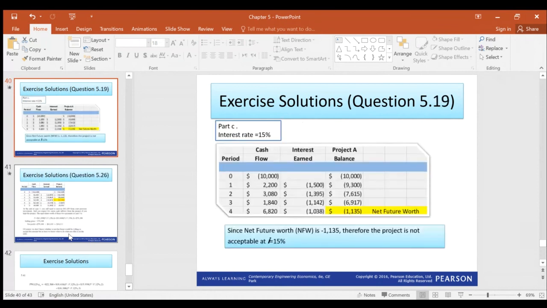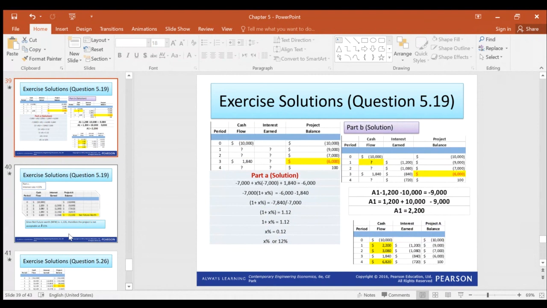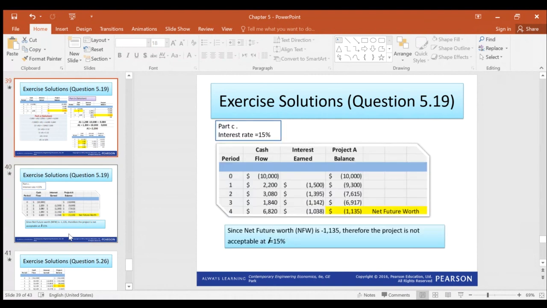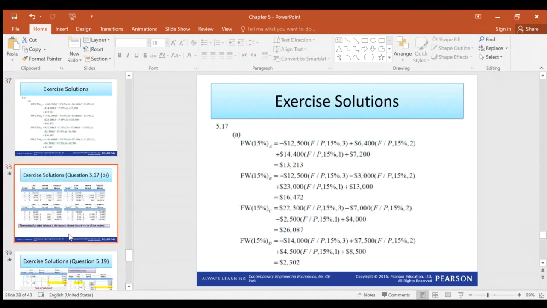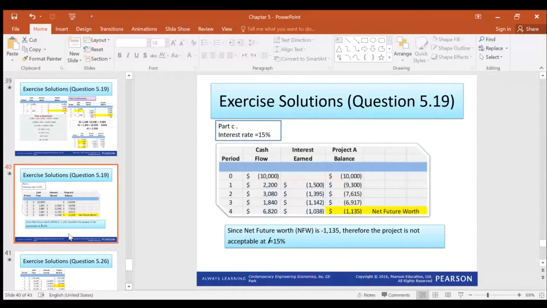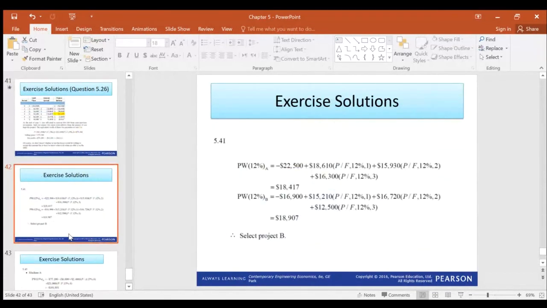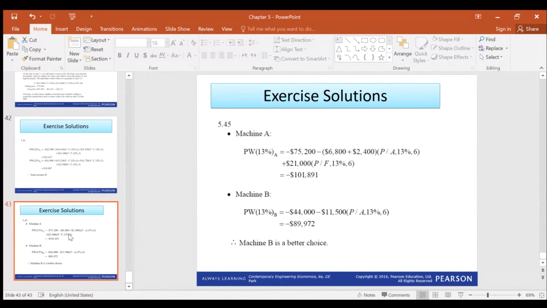It will not be in the exam, as well as this question, 19. Ignore 19 and 26. 17 we already solved. 41 is easy, calculating the present worth, and this one.